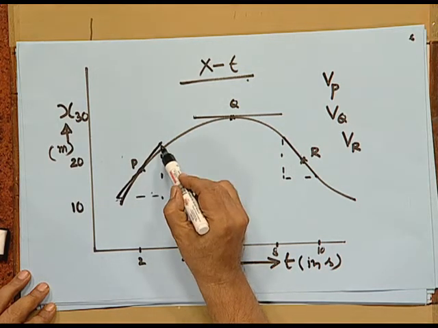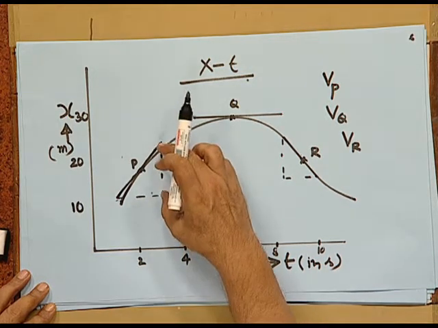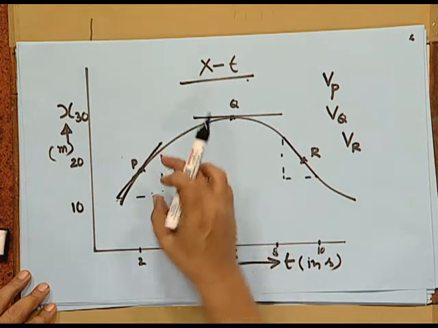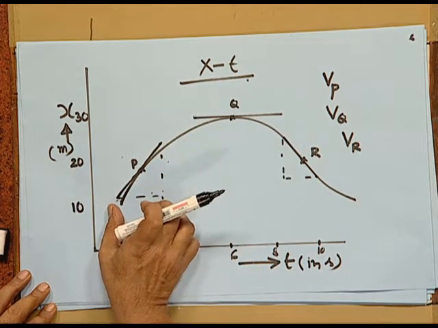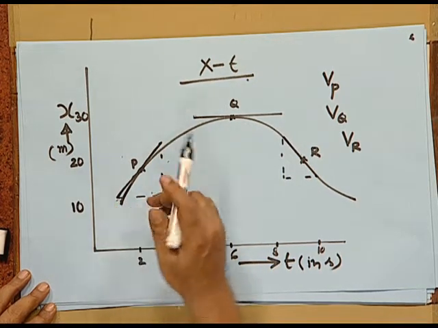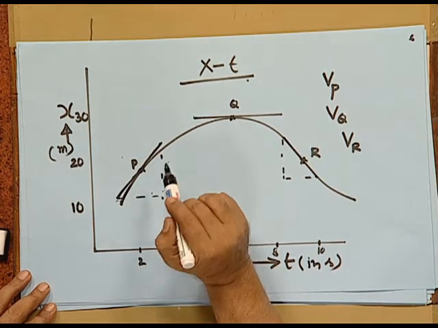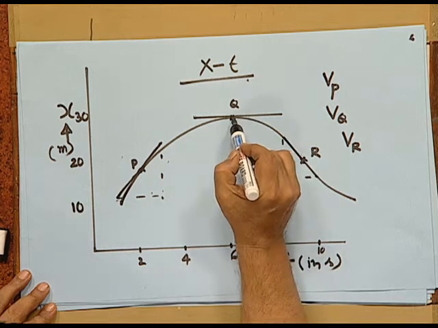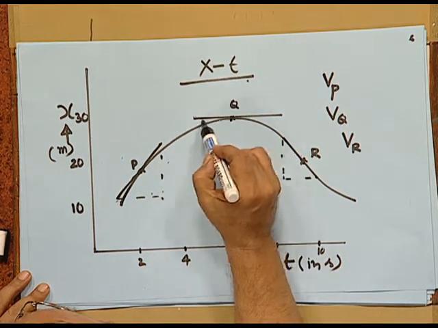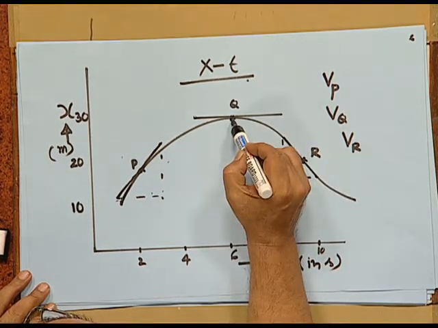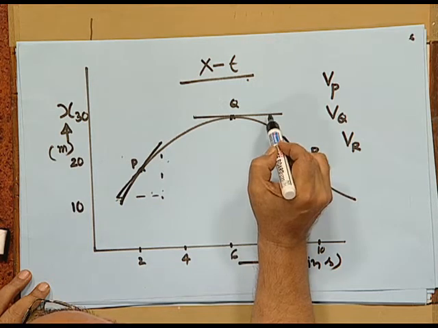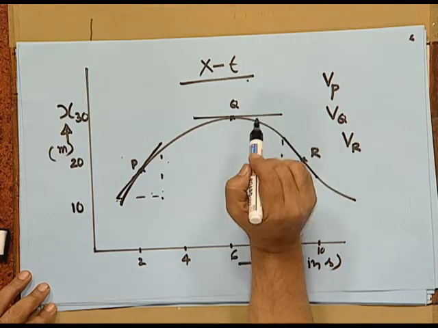this tangent has a slope which is given by delta x by delta t in a very small interval of time, and the slope of this tangent happens to be positive. If I draw a tangent to the curve at point Q, the tangent line touching this curve at only one point, this has 0 slope.